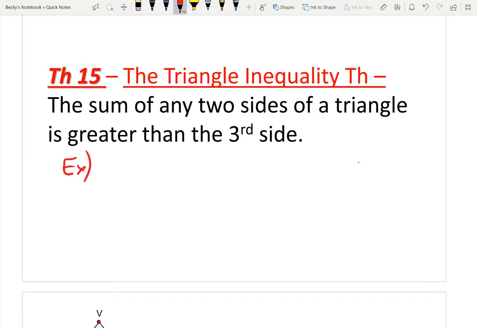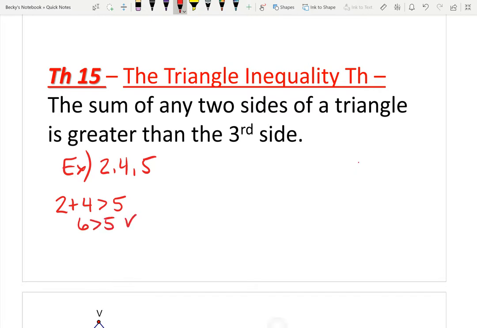If I have the sides 2, 4, and 5, the sum, which means adding two sides of a triangle, has to be greater than the third side. So this is pretty easy to show. We're going to add the two sides. It has to be greater than the third. So is 6 greater than 5? Of course.